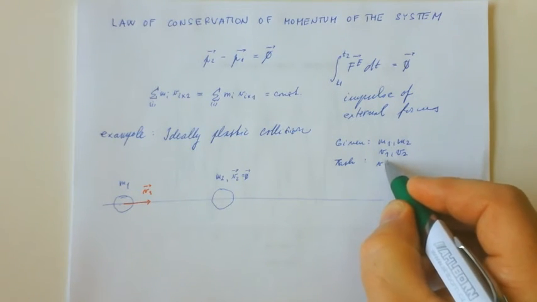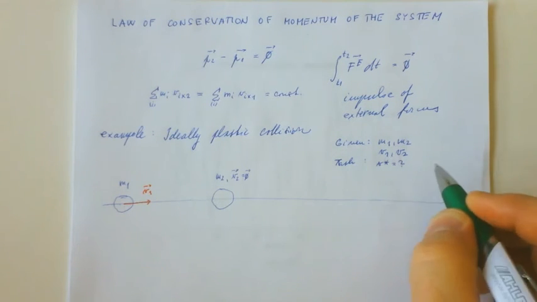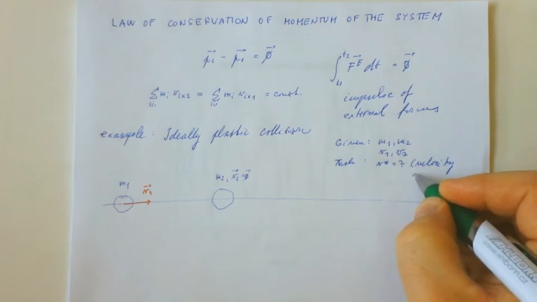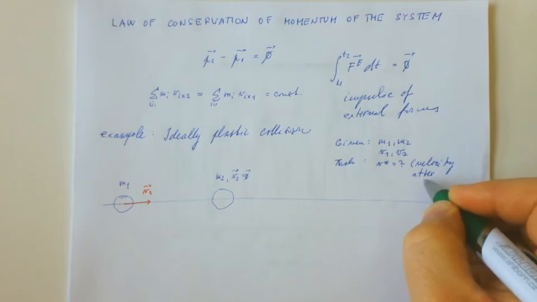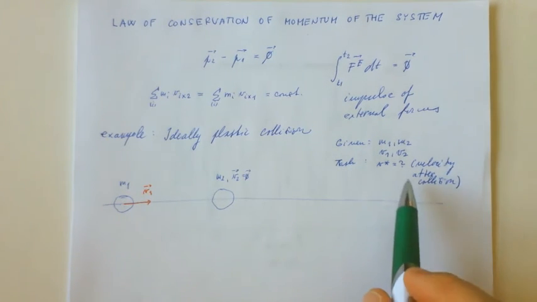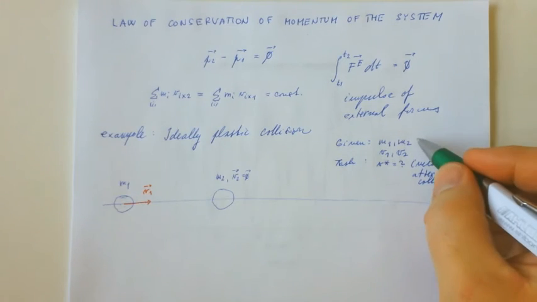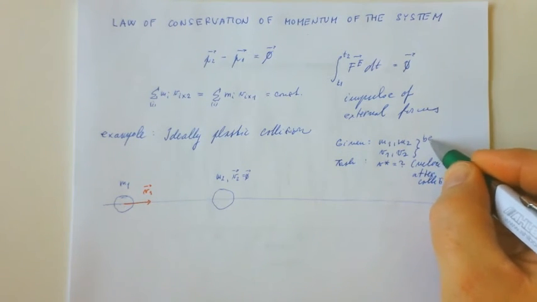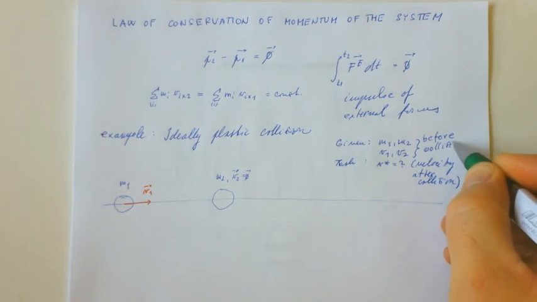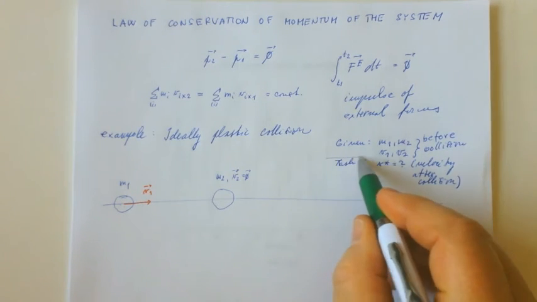So v star is the velocity after collision. So this is the state before collision. And after collision.